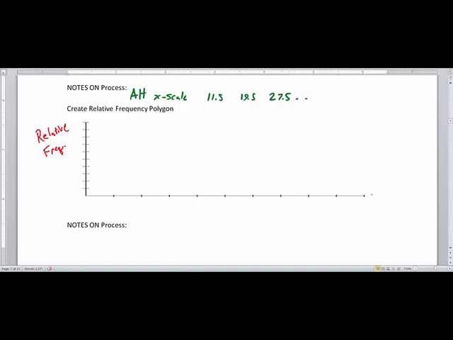And along the bottom here, we are going to have our medians of protein in grams. So what's important about this process is the x-axis is in medians.